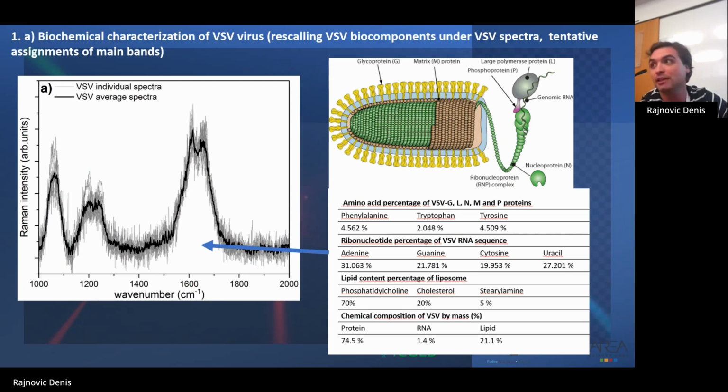I did the same for the RNA part. For the lipid part, I mimic the composition of the cells that I use for propagation of these viruses, which are Vero cells.